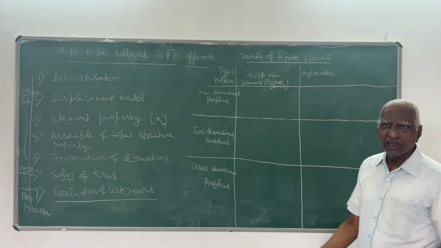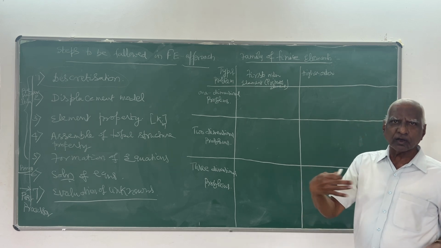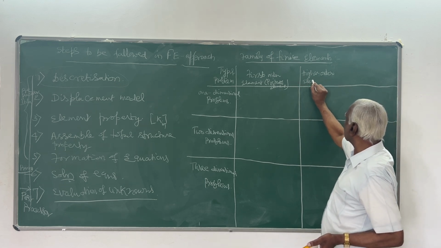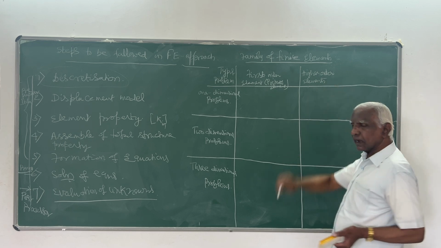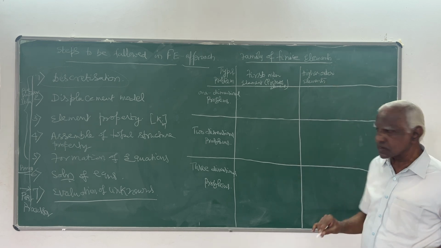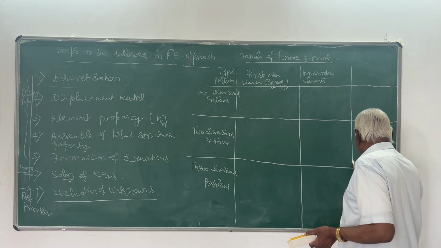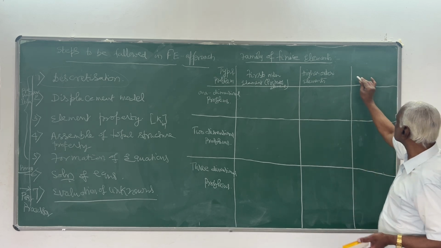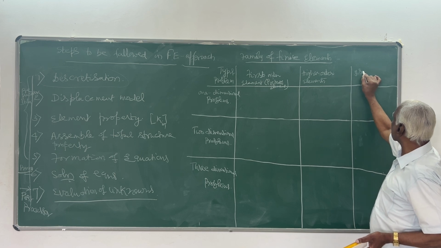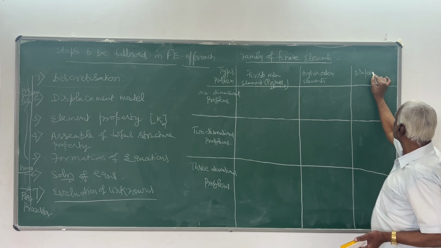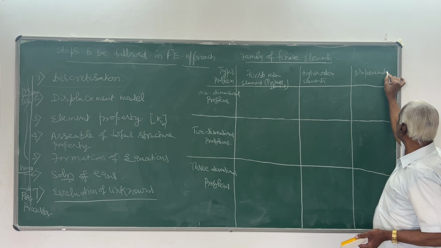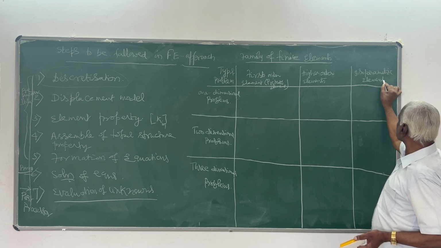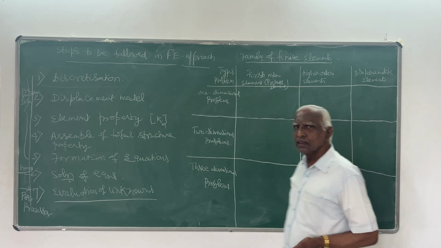To see that result is converged, you will go for higher order elements, by choosing more number of nodes. So then you have to take care of complex type of problem. You have isoparametric variety, that is called isoparametric elements.